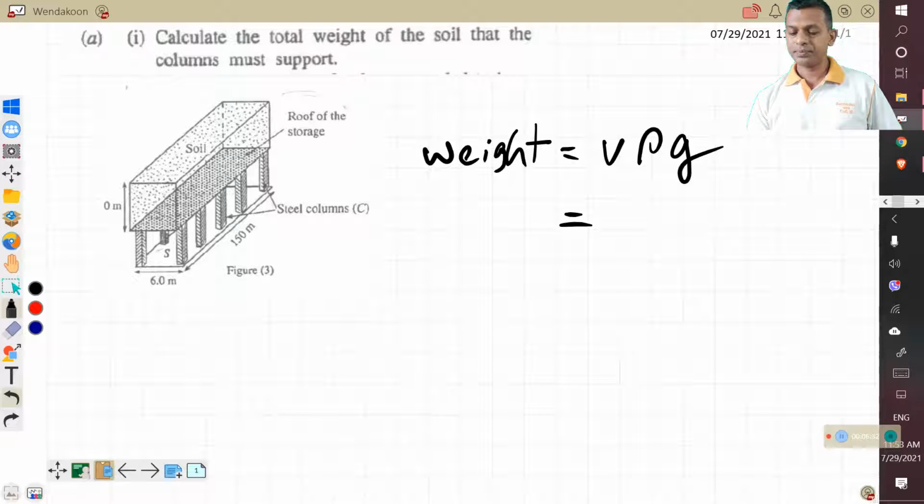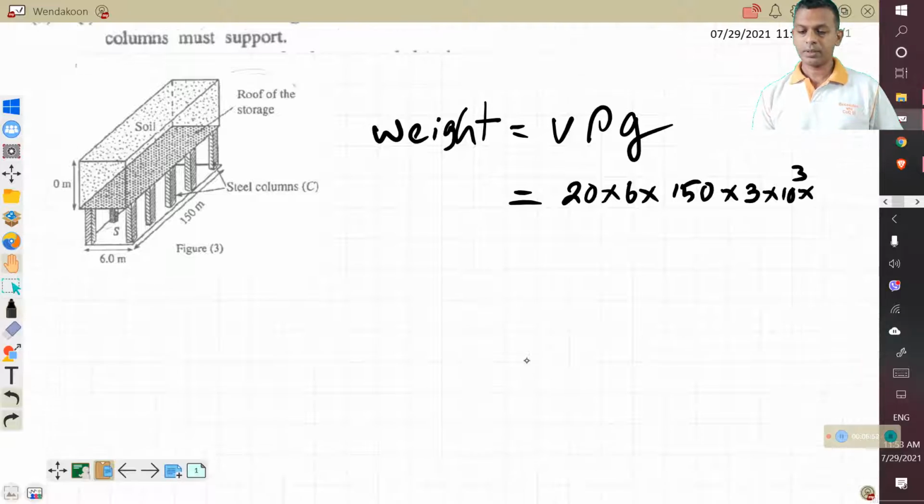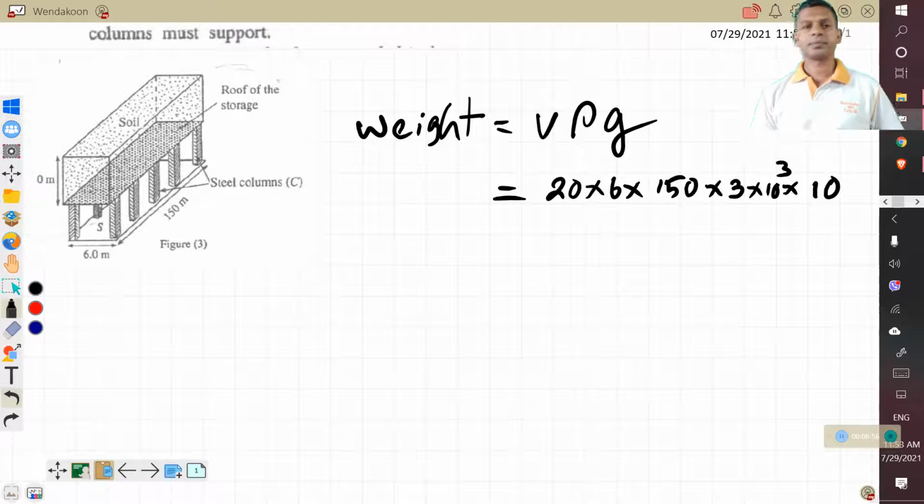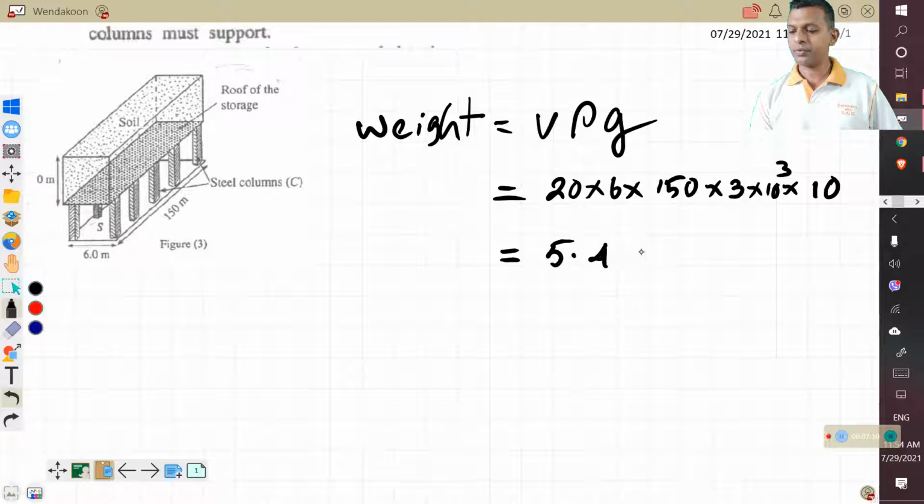So it is 20 by 6 by 150. Density is 3 into 10 to the power 3. g is 10. If you simplify this, you will end up with 5.4 into 10 to the power 8 newtons.